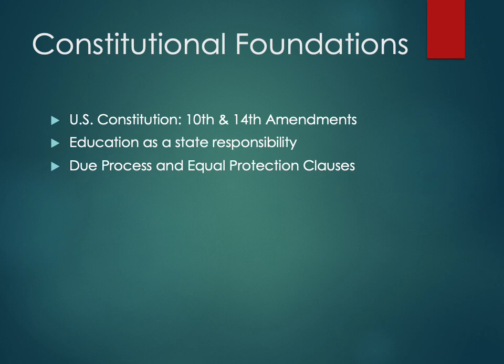This clause ensures students and teachers are treated fairly in disciplinary and employment matters. The Equal Protection Clause. This requires schools to treat students equally, regardless of race, gender, disability, or other protected status. Federal constitutional principles thus act as a boundary on how state and local governments can exercise authority over public education.